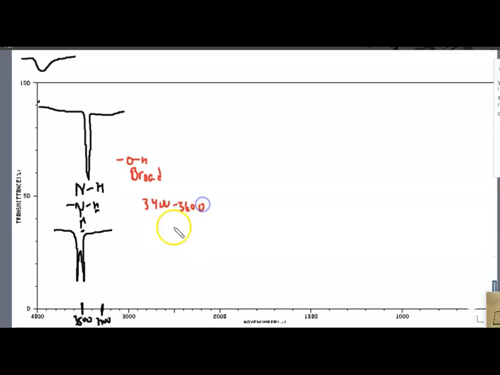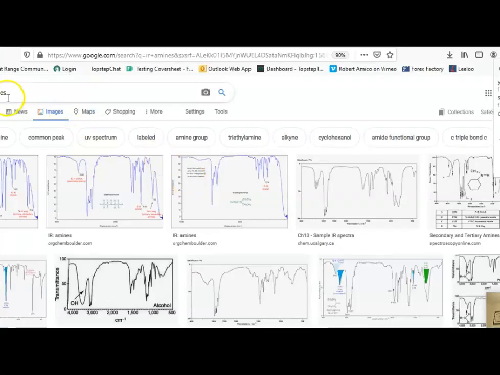Again, that's roughly the location, and it will look like a broadish peak. But it's very characteristic. You can immediately look at an IR and know that you have an alcohol. There is no squinting or anything like that.